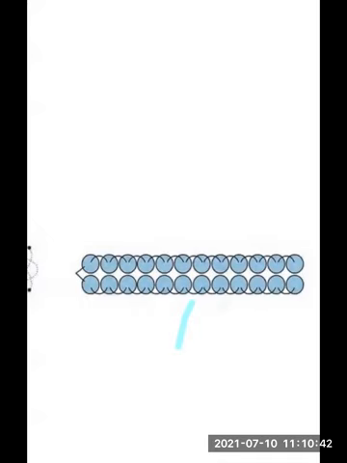Now here you can see the third diagram, atoms in a conducting solid where free electrons move freely from one atom to another atom. So here you can see how the free electrons are moving from one atom to another atom. This again I will show you how it moves.